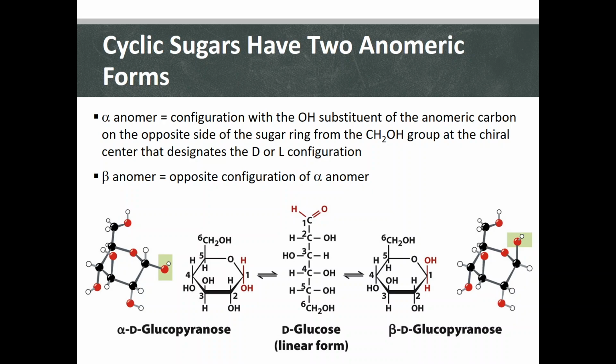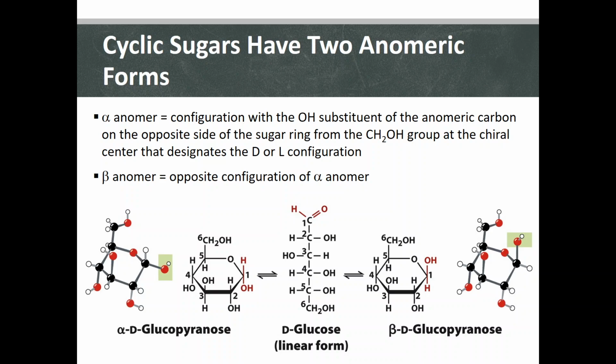For the alpha form, that C1 alcohol substituent is pointed down below the plane, and you know that it is below the plane because the C6 alcohol position designates where above the plane is. So the C1 alcohol is pointed in the opposite direction as the C6 alcohol in the alpha form, but in the beta form, they're pointed up in the same direction. Okay, so D-glucose.